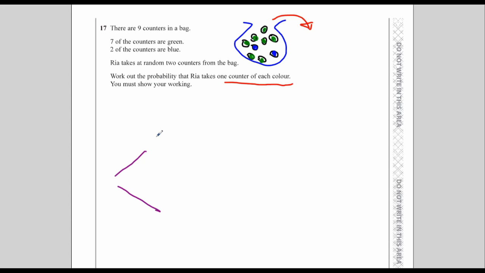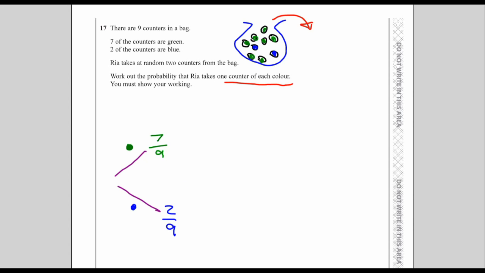So the probability of getting a green is going to be 7 in 9. Okay, so getting a green first is 7 over 9. Getting a blue first is 2 over 9.